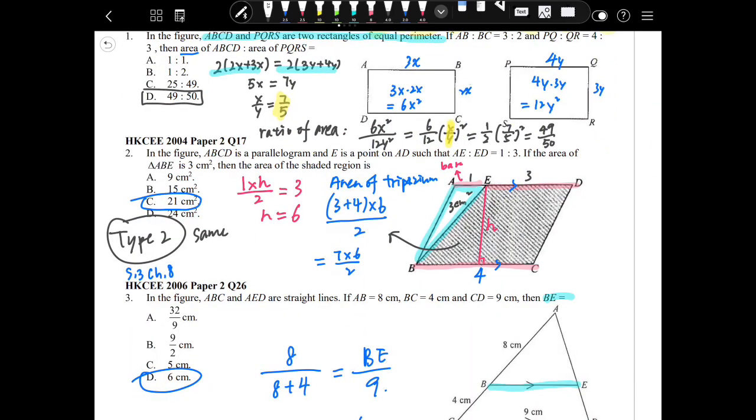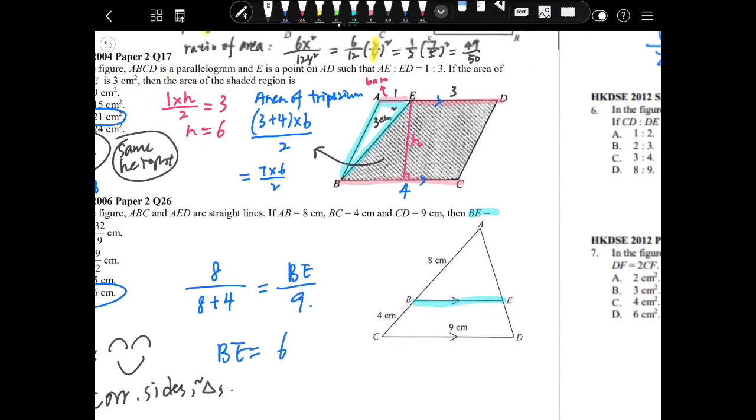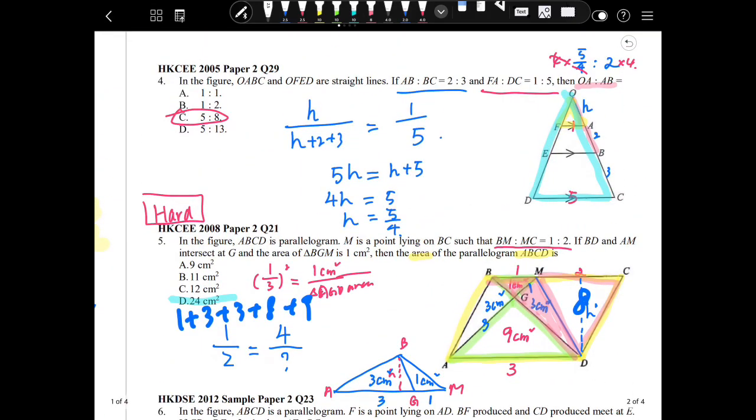Question number 3 is from similar triangles, where we find the length ratio by corresponding sides, with congruent triangles and similar triangles.